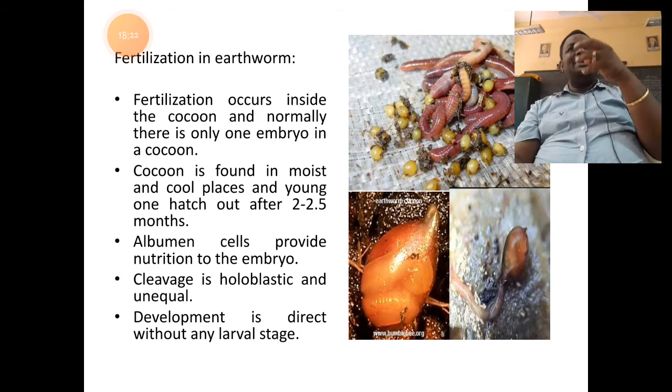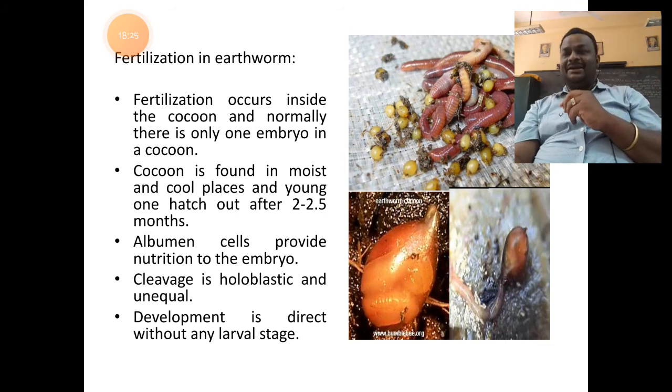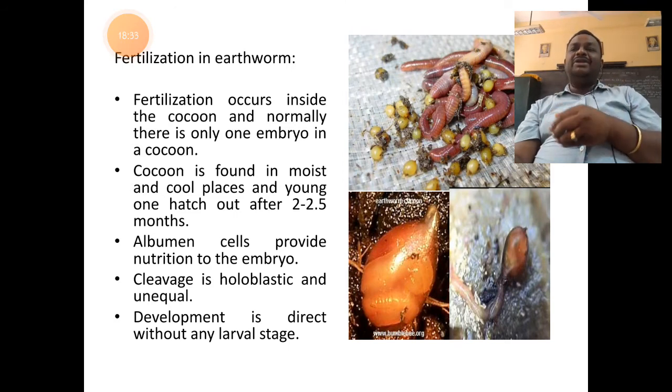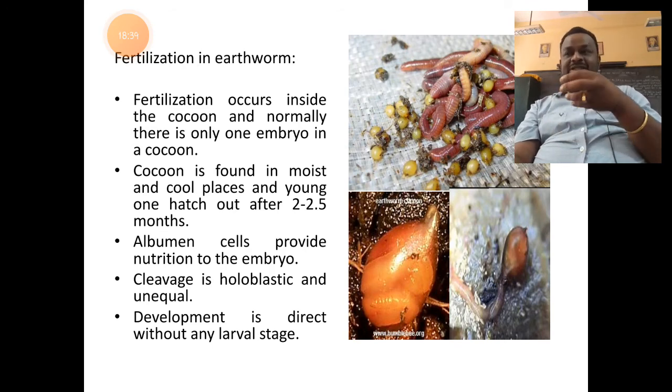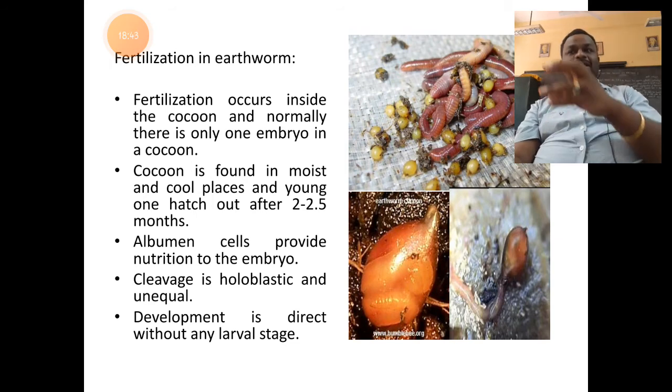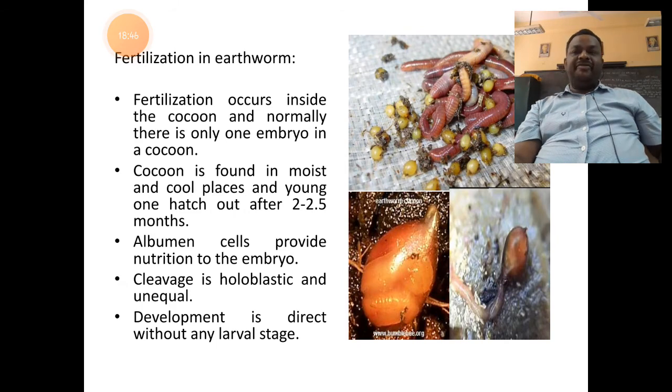So, what happens to the rest of the fertilized eggs? They all remain within the cocoon and serve as nurse cells or nutritive cells for the growing tiny earthworm. Also, the albumin seen inside serves as a nutritive material for the growing earthworm.